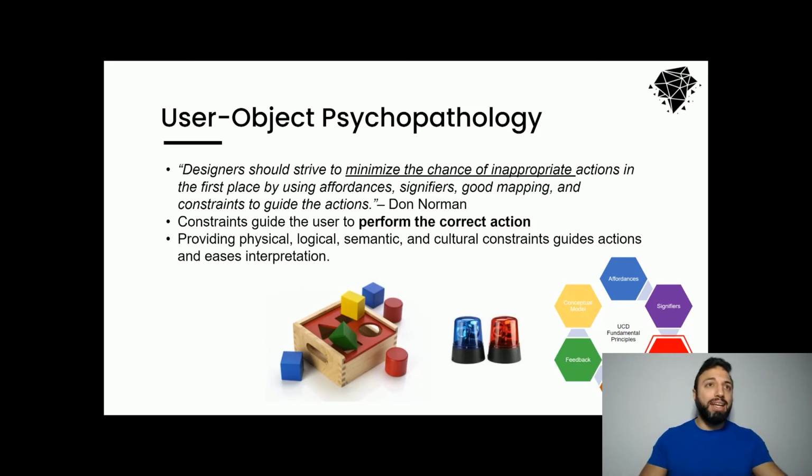So here again, it's the constraint that you offer as a designer to your user in order to perform the correct action on the right location and not anywhere else. So think about this nice game that's designed for children, where they're trying to teach them where to put which block and so on.